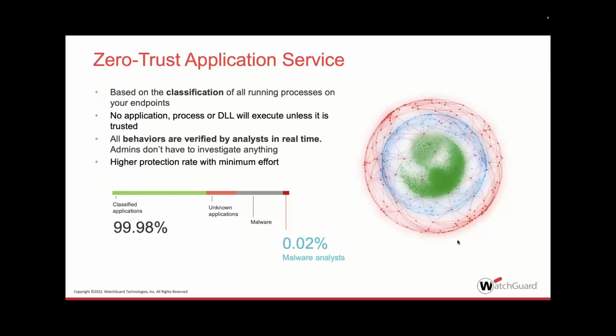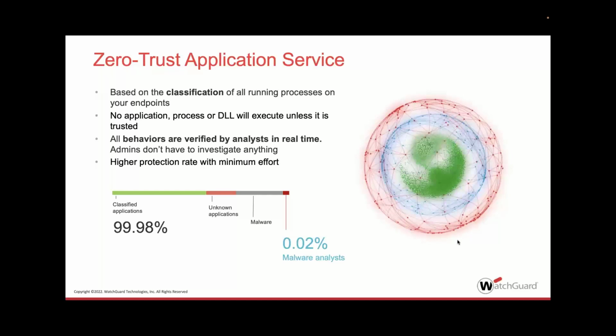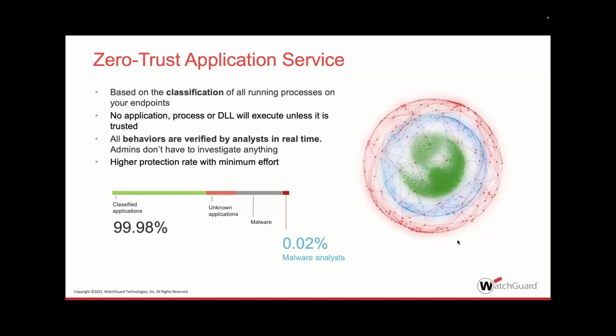If we look at the trends in the number of infections in endpoints with WatchGuard Endpoint Security, well, first with Panda and now with WatchGuard Endpoint Security, since we released the Zero Trust Application Service originally at the beginning of the second quarter of 2015, we see clearly that it has been solving the problem of file-based malware for us.